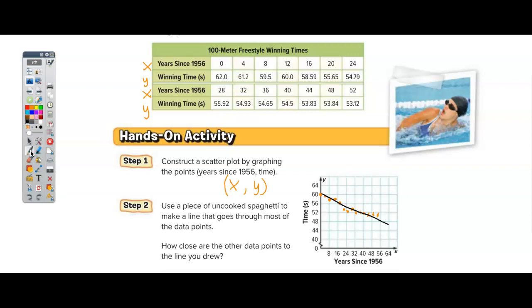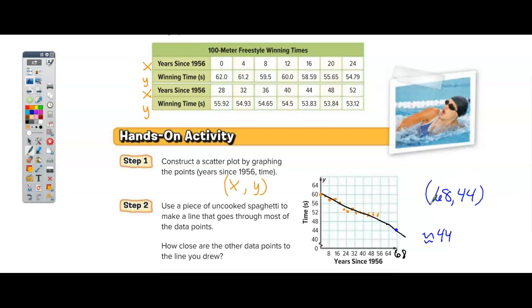So I'm going to go over here. It looks like I need to extend the spaghetti a little bit. So this is 64, so this last one is 68. And if I looked at the value of y at 68, it's right there. And that is about 44. So the point would be 68, 44.